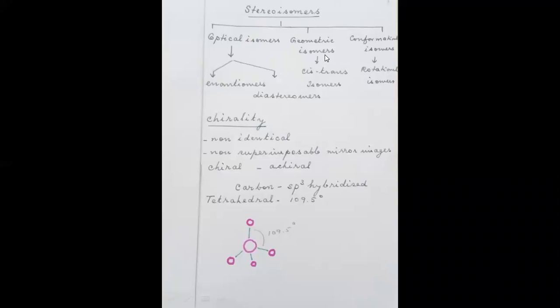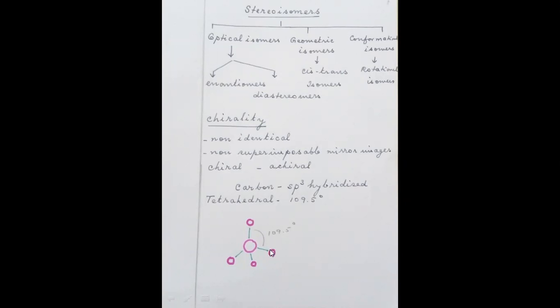And you can look at this particular diagram where this is the carbon, and these are all the four groups attached to the carbon. The bond angle between any two bonds in the carbon with sp3 hybridization is 109 degree 30 minutes.